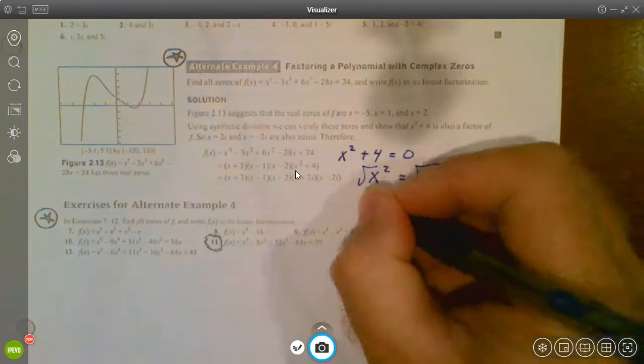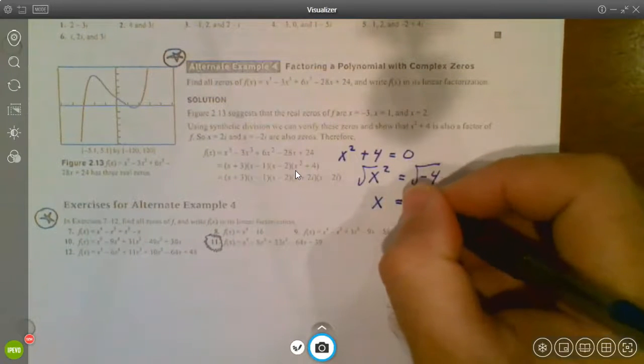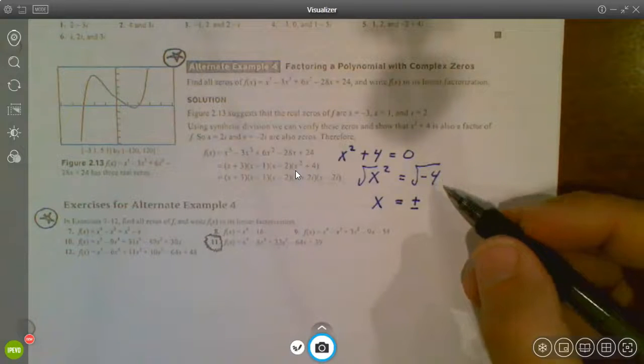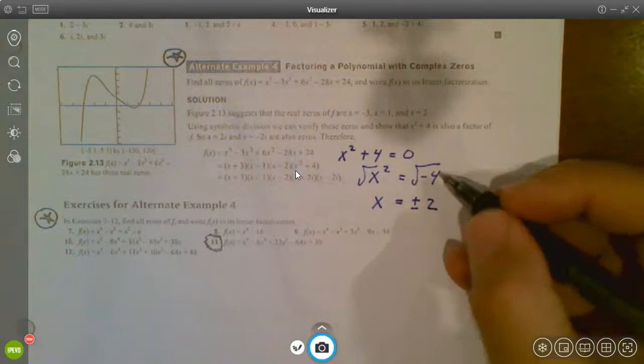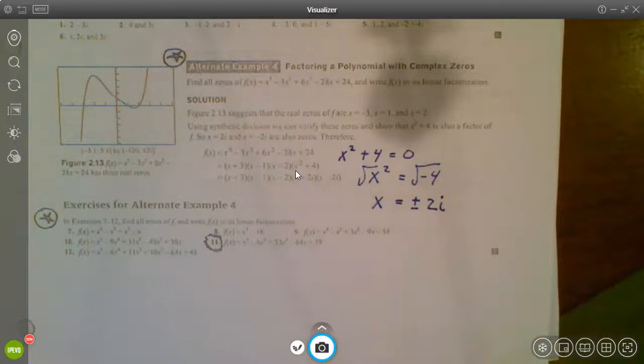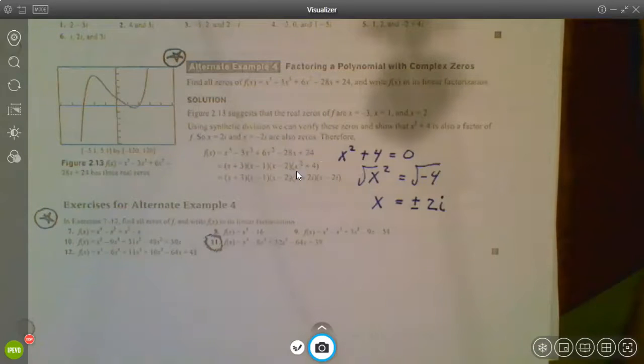So we would simply say that x represents plus or minus. We know the square root of 4 is 2. Because it was a negative, we have to throw in the i to show that it was a non-real value. And that's where these two factors come in. So we have x plus 2i and x minus 2i as the remaining two zeros.